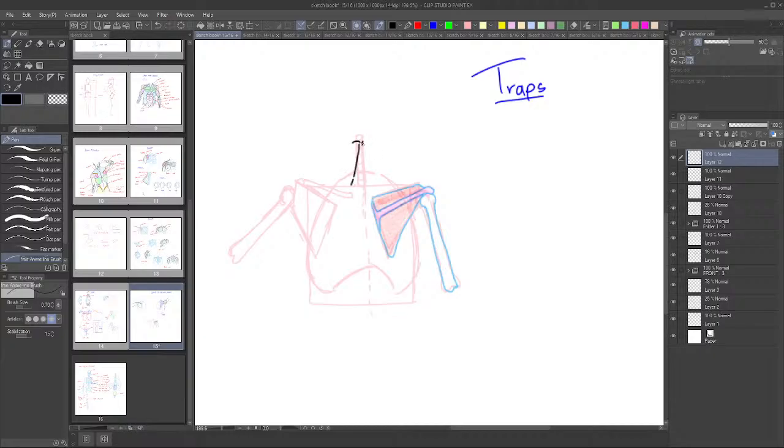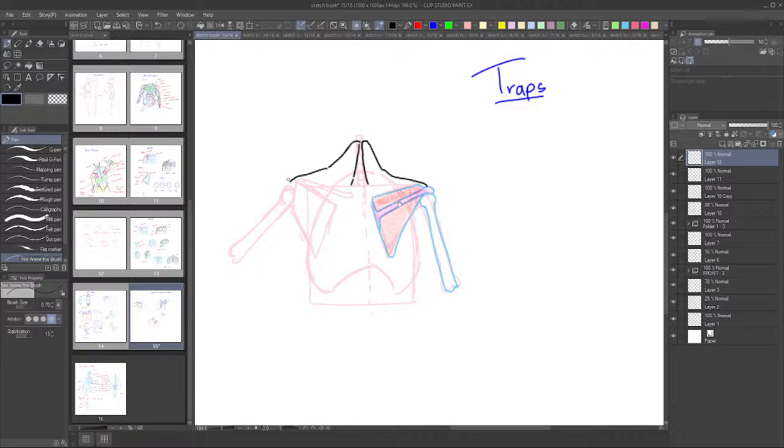So come like this. All right. Then it will close just on top of the clavicle and those joints.